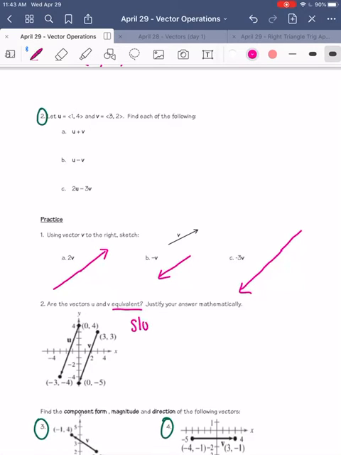Okay, so if they have equal slopes, then that means that the lines are parallel, which means they're going in the same direction. So for direction, we're going to show equal slopes.